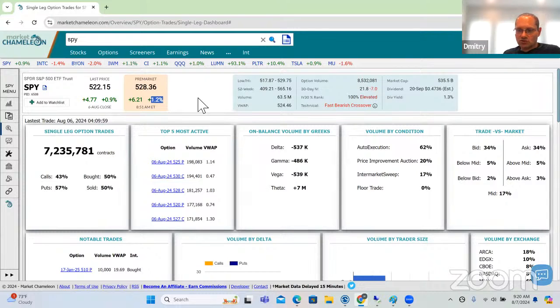And to do that, we have to reference where the stock was at some point in time. The standard is to look at yesterday's close, the previous day's close, and where it is in the pre-market, or even after it opens. If we look at the closing price versus the most recent, we could get the change.